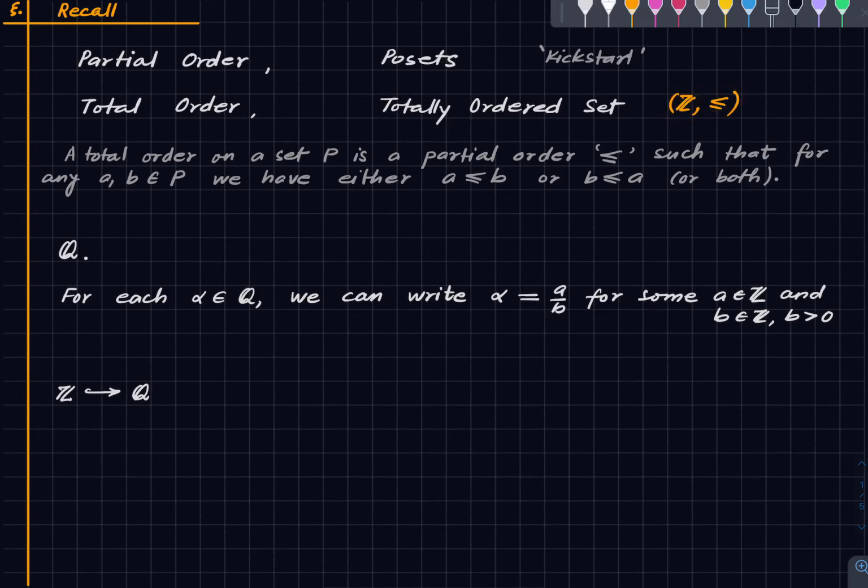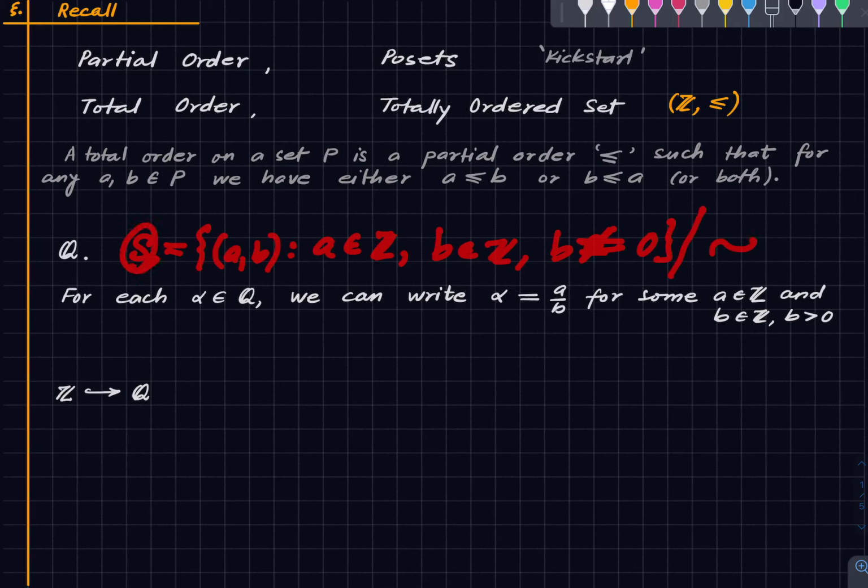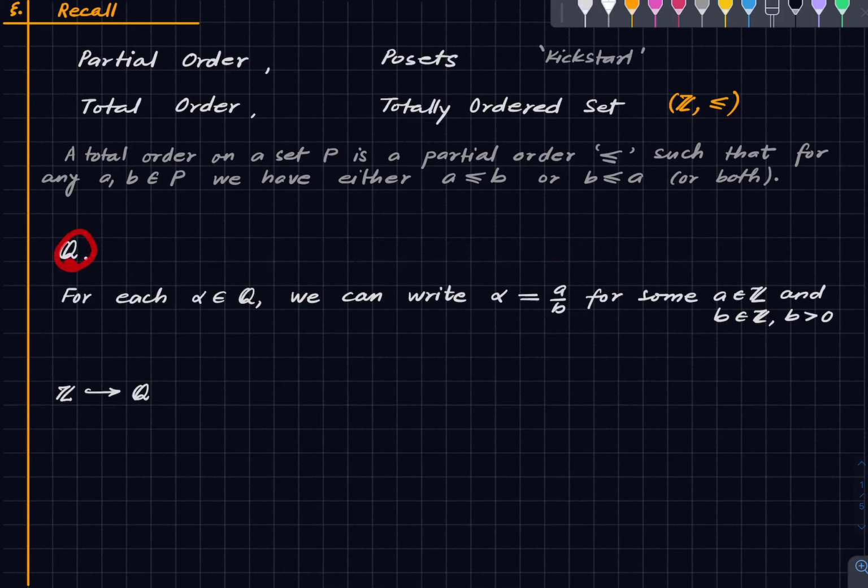Last time we defined rational numbers. We defined a set S, which was all pairs of integers where the second one is non-zero. Then we defined an equivalence relation on the set and quotiented that out to get Q, meaning we collected all the equivalence classes to get this set of rational numbers.